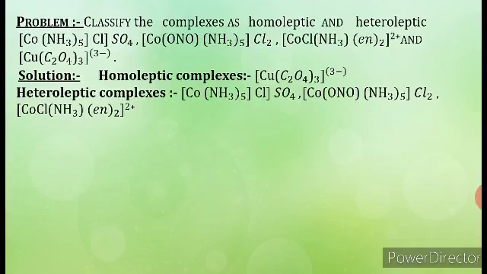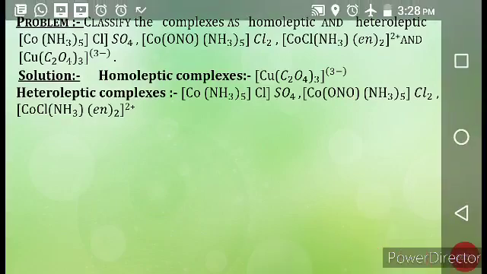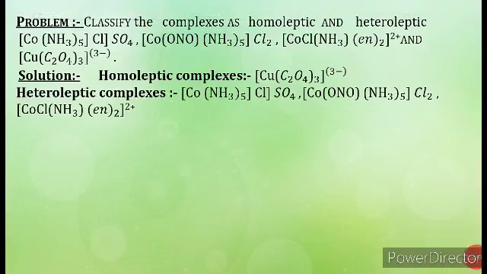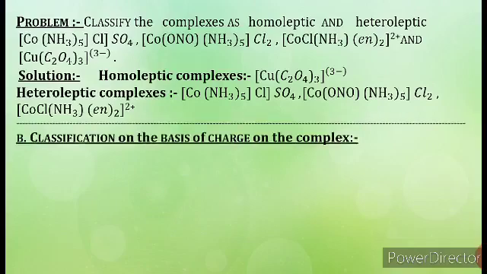Now we will go to the second type of classification of complexes, on the basis of charge on complexes. First type: classification on the basis of type of ligand. Second type: classification on the basis of charge on complexes. Obviously three categories are possible: if it is positively charged, if it is negatively charged, or if it is neutral.